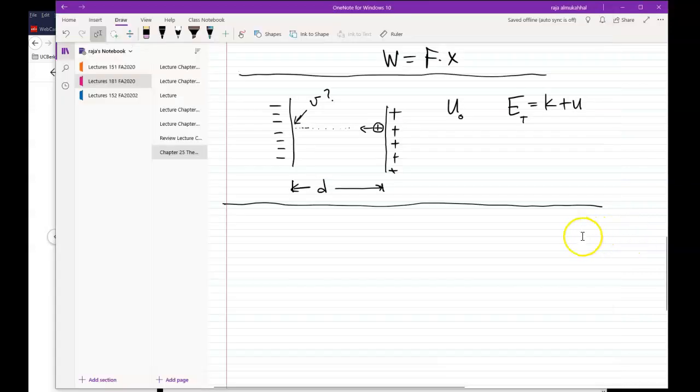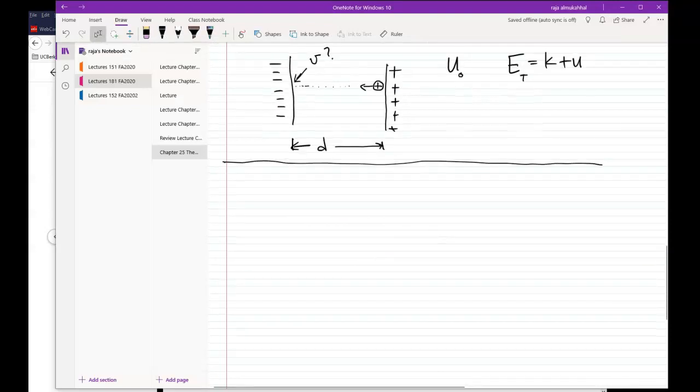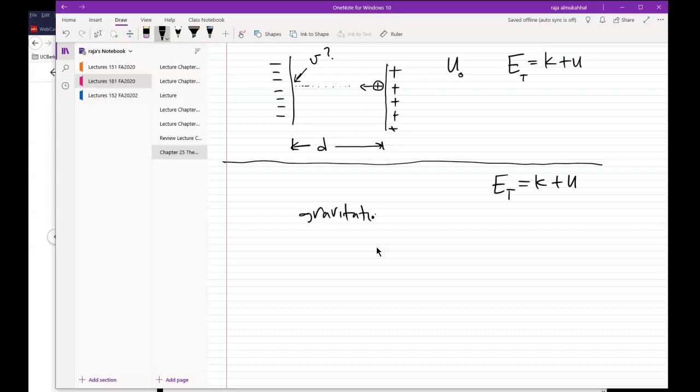Okay, so before I do this problem, let's just brush up very quickly on what I said. So we have the total energy is kinetic plus potential. Now, here is the gravitational, first of all, and that's electrostatic.